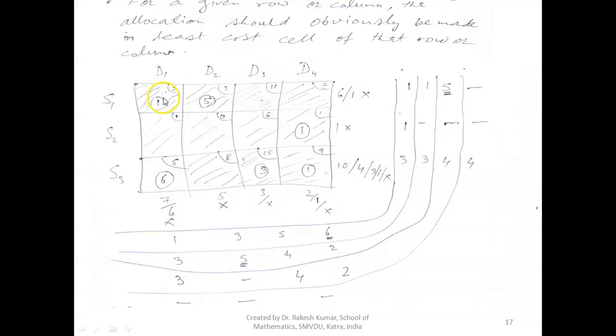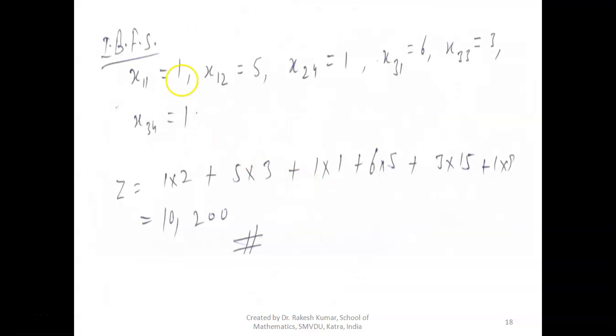And hence this way I got the initial solution 1, 2, 3, 4, 5, 6. Again, here are 6 allocations, and again, this is an initial basic feasible solution. So this is the solution x11, x12, x25, and likewise x34. So what is the transportation cost? That is 10,200.